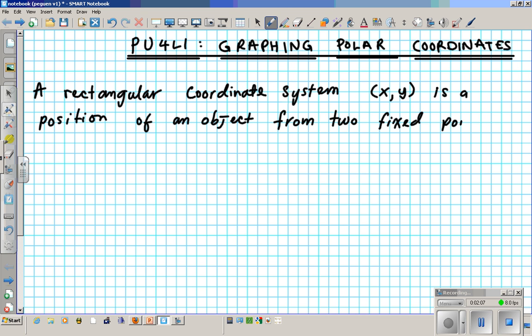That's how you graph the coordinate system. You indicate the position of an object using two fixed points.